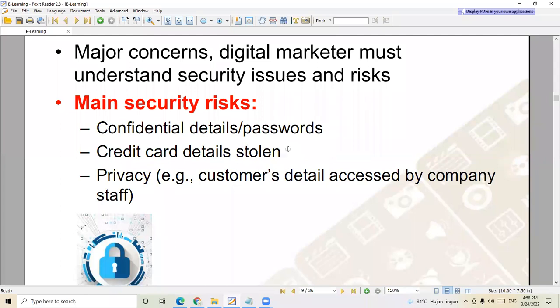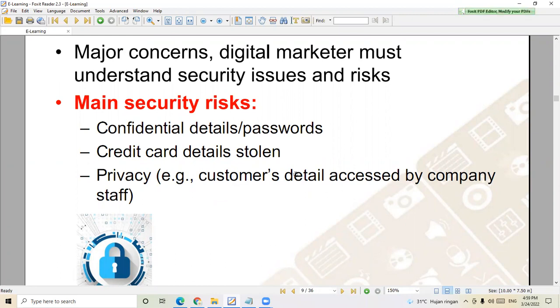So that's why companies nowadays are trying their very best. They are trying very hard to handle these security related issues. And digital marketers should know about that, and digital marketers should also help. If they are doing digital marketing, they have to make sure that everything is secure in the first place.